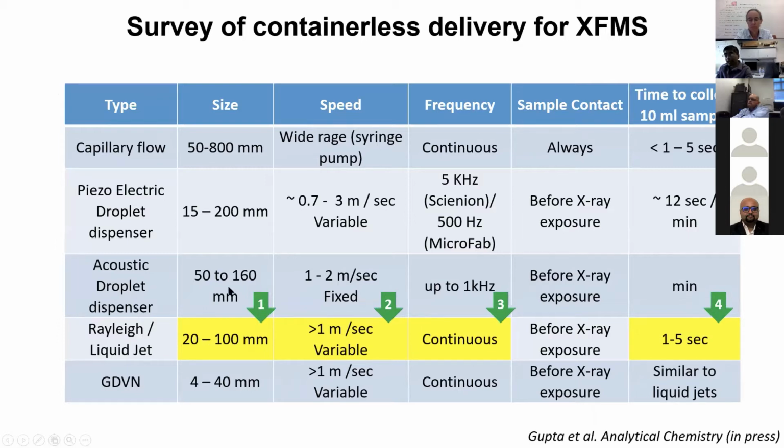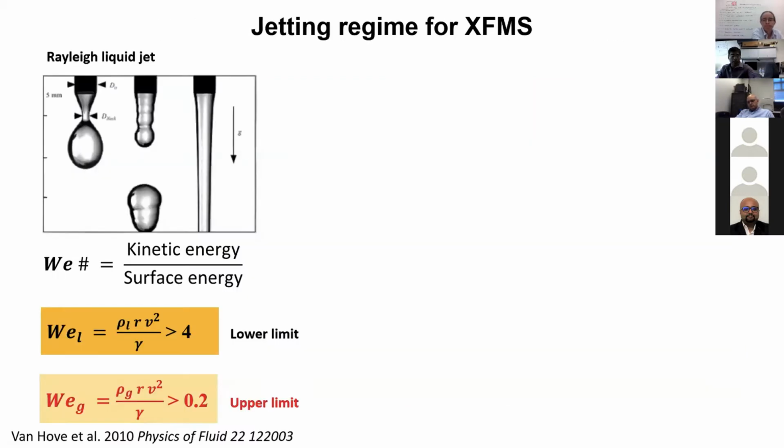We have a size of like 20 to 100 micrometers, and the speed can start from 1 meter per second to 20, 50 meters per second. So we can do a large variation of dose, and we can collect the sample within 1 to 5 seconds. This is a sweet spot to do the experiment without generating too much perturbation on the sample.